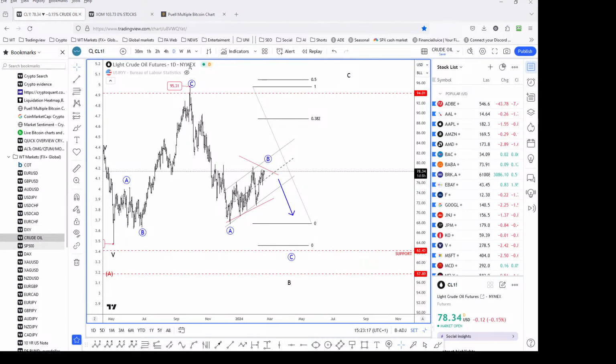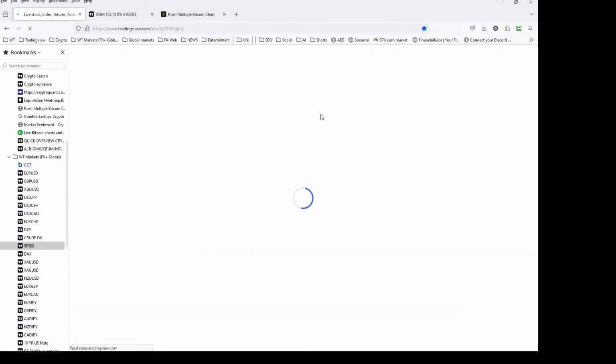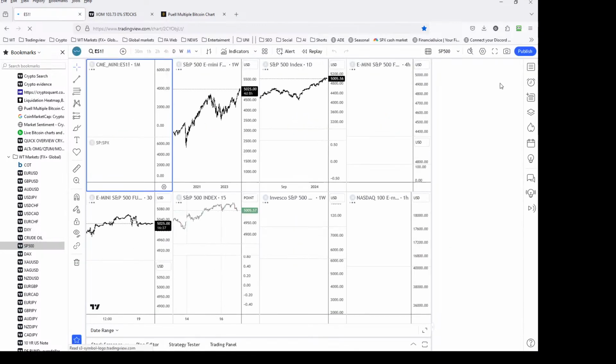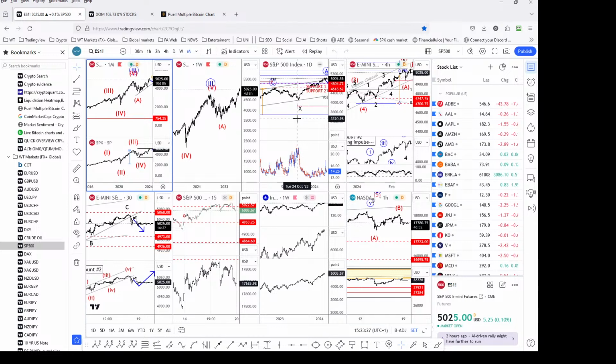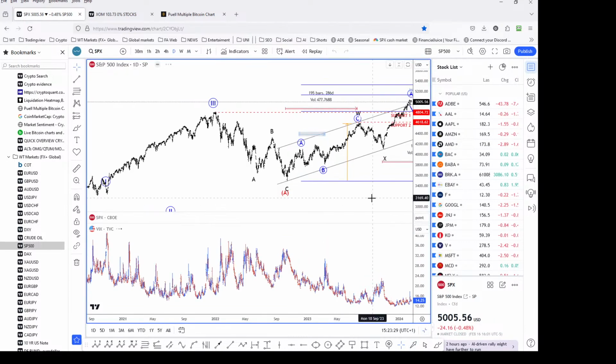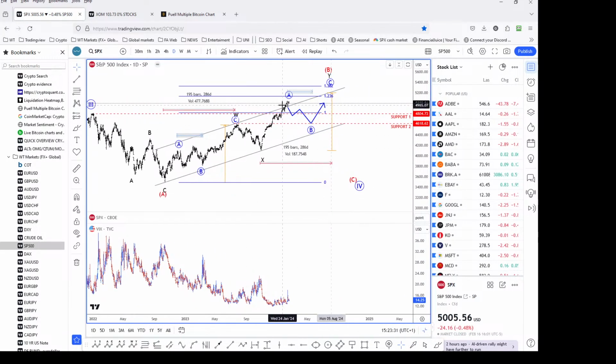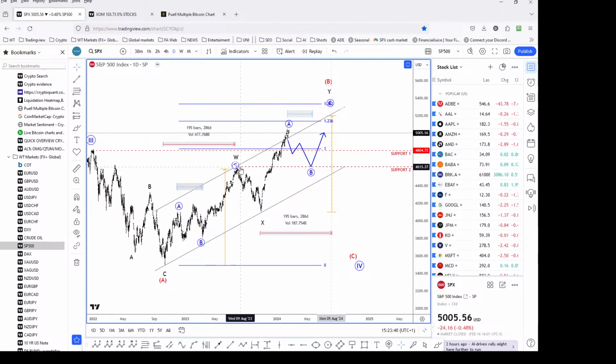Now let's take a look also on the S&P 500. Okay, so the S&P 500 is trading still close to its highs. I said that we are either going to see a wave B pullback, where we can overlap this 4615 level.